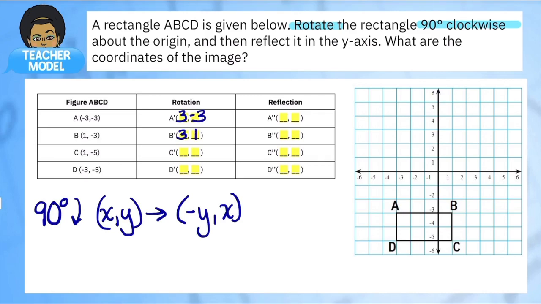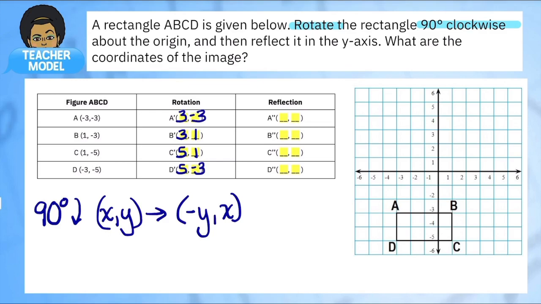Let's go to C prime, +5 and then 1. And then I'm going to have +5 and -3. So this would be just my first change, my first rotation, my first transformation.